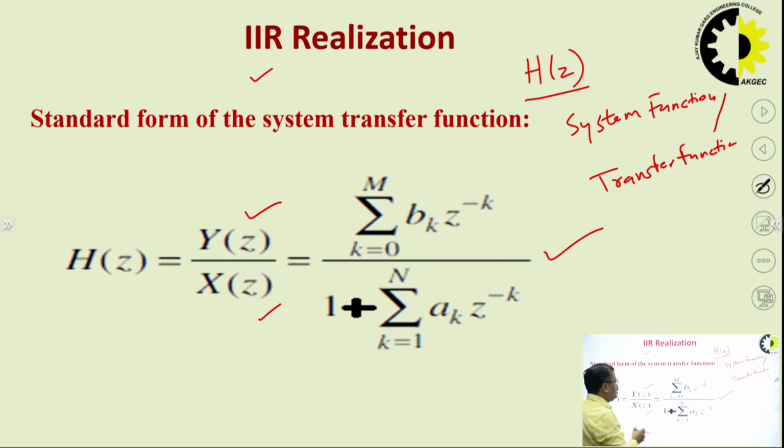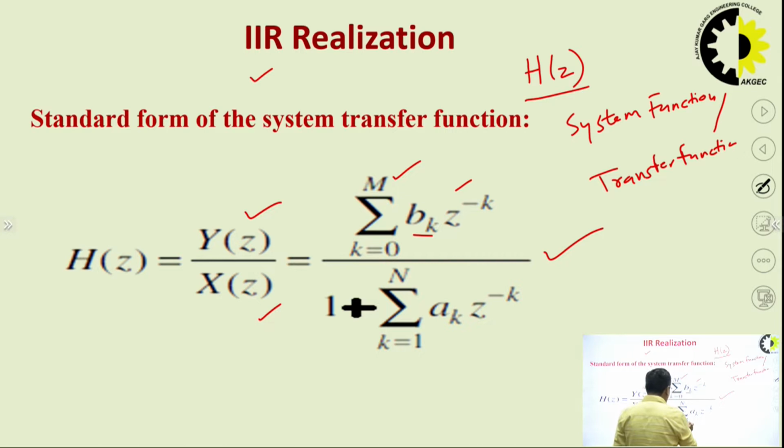It contains a numerator and denominator. The numerator is the sum from k=0 to M of b_k z to the power minus k. b_k shows the multipliers, the forward coefficients. And the denominator is 1 plus the sum from k=1 to N of a_k z to the power minus k. So, 0 to M shows the present and past values of the input signal.